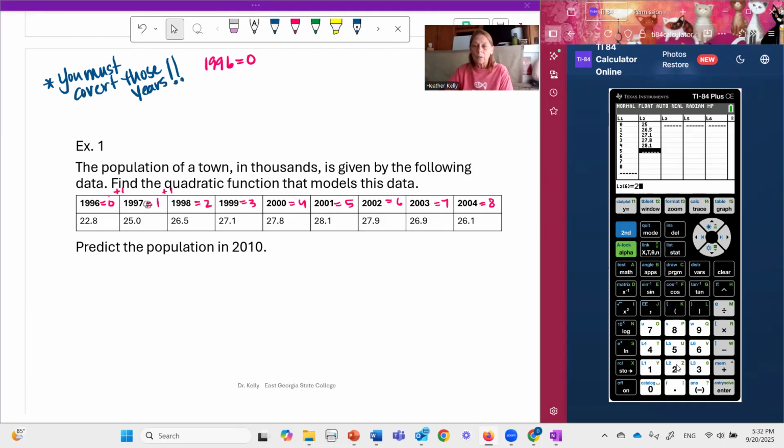But here we are. 27.9, 26.9, and 26.1. Looks like I missed one. All right, 25, 26.5, 27.1, 27.8, 28.1, 27.9, 26.9.